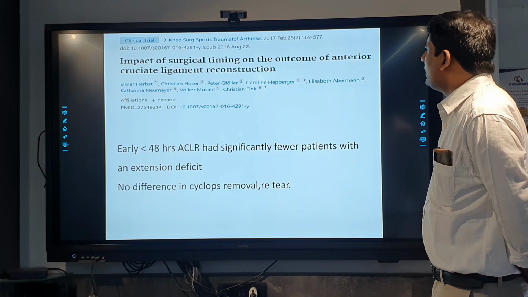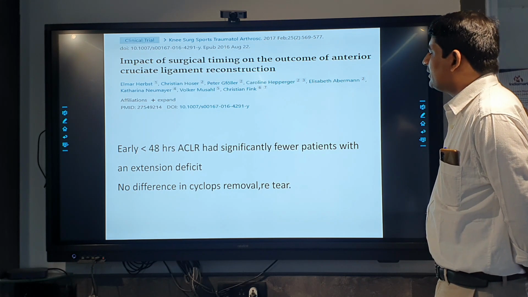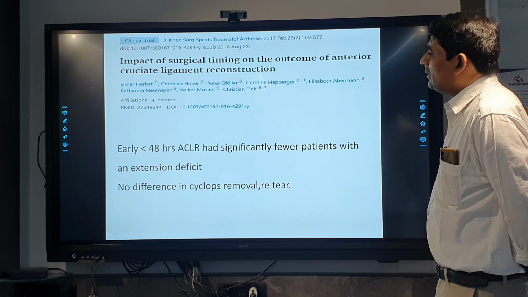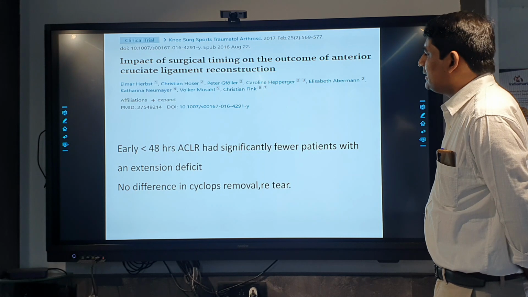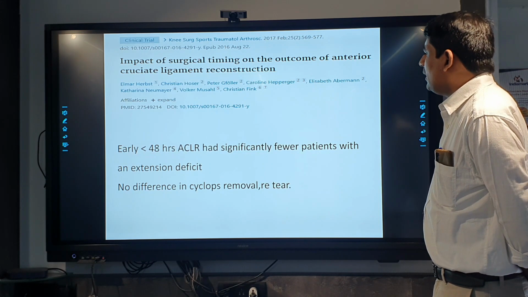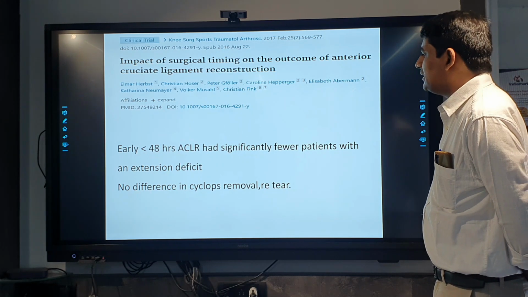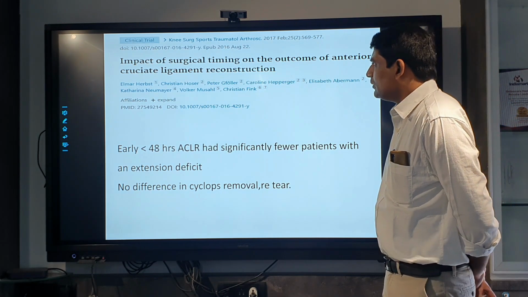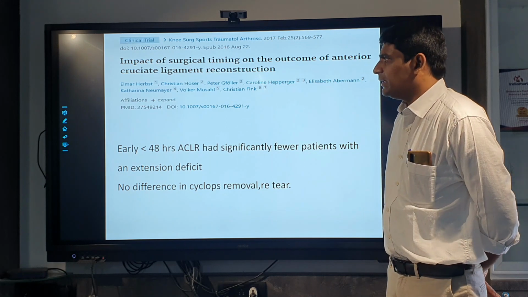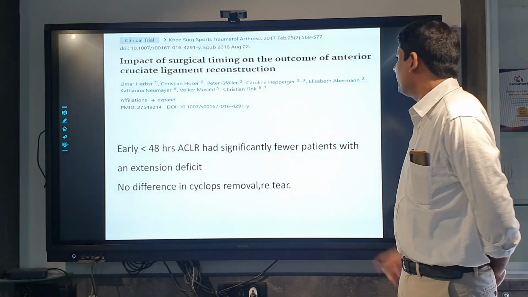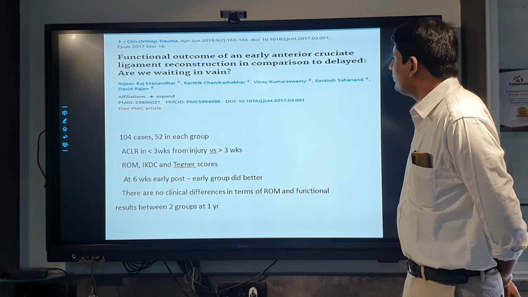The impact of the surgical timing on the outcome of anterior cruciate ligament reconstruction. In this study, they found that early ACLR, less than 48 hours, has significantly fewer patients with an extension deficit. There is no difference in cyclops removal or repair. This study also suggests that ACL reconstruction can be done at the earliest, even on the first or second day of the injury.